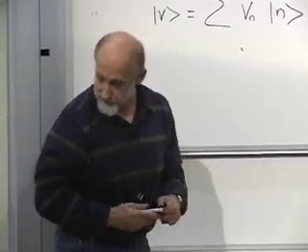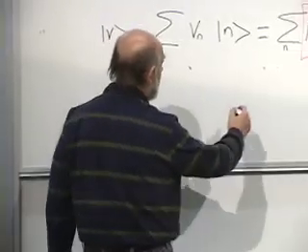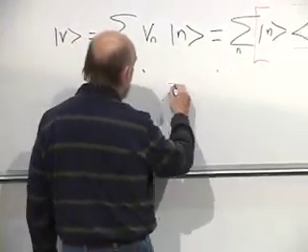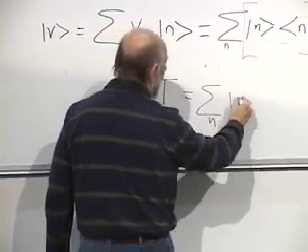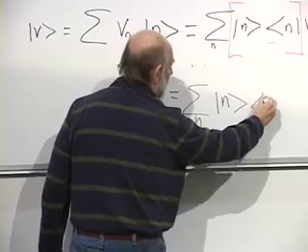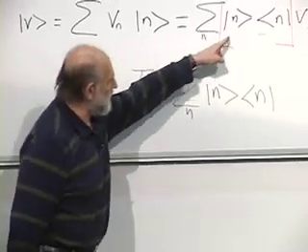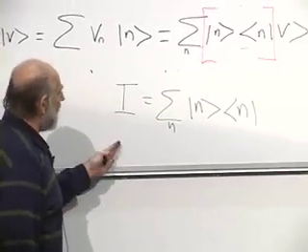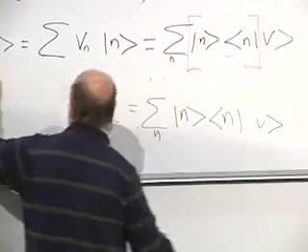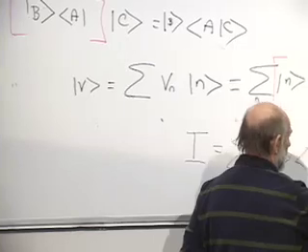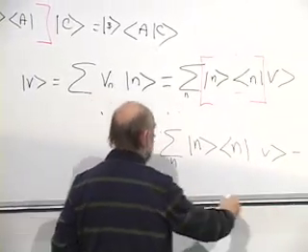Let's write it out. A certain operator, I'm going to call it I, and it's equal to the sum over n of the dyads |n><n|. That's what appears here. And it has the property that if you multiply it by any vector v, you get v. I times v is equal to v.